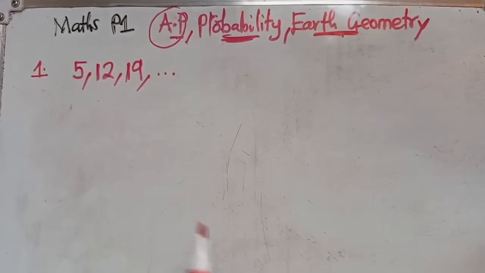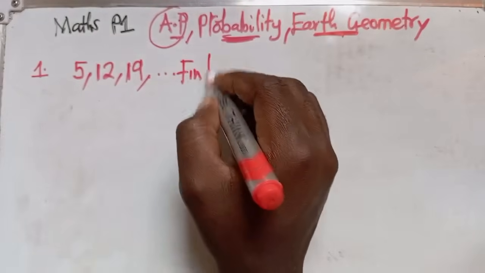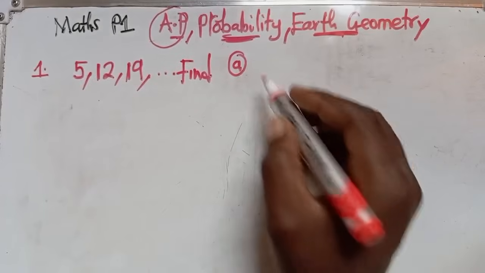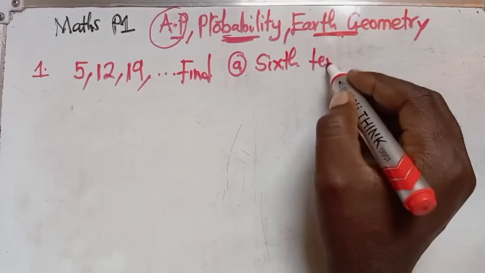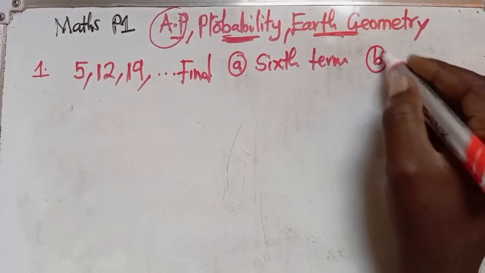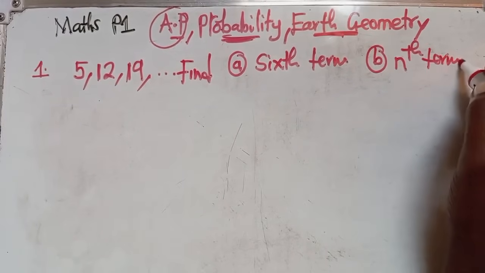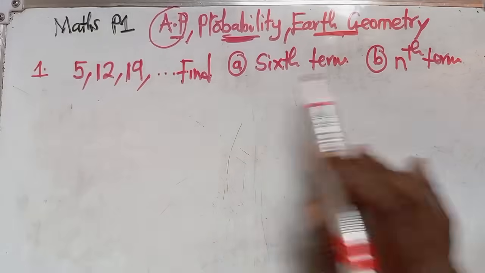Then you may be asked to find the sixth term. And in the next question, they may tell you to find the nth term. These are two exam questions. I'm just selecting them from different past papers. So you're given these two questions.